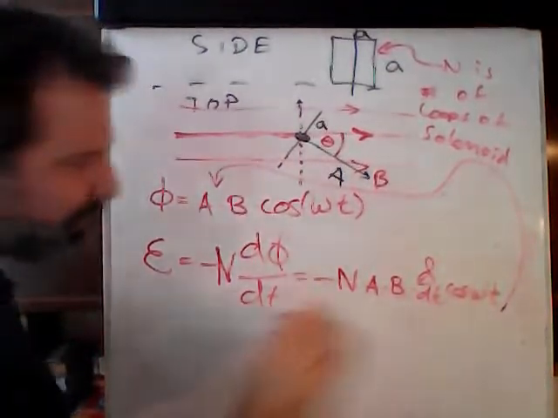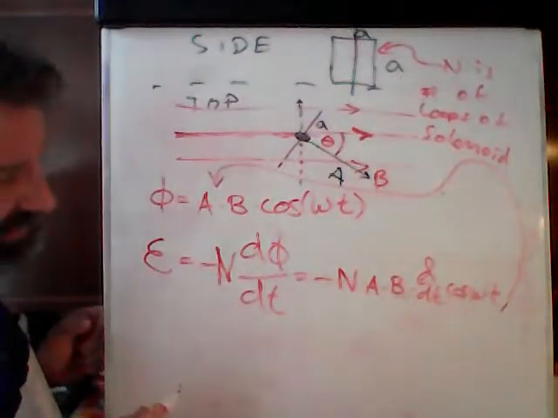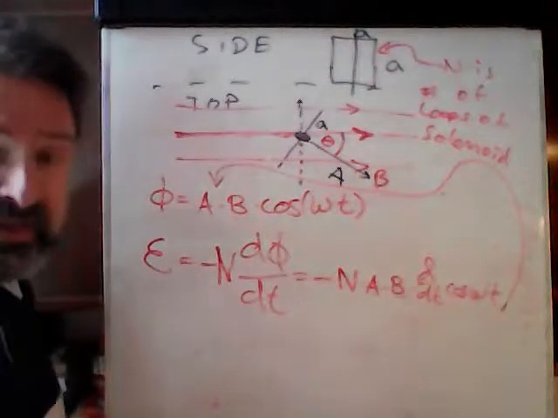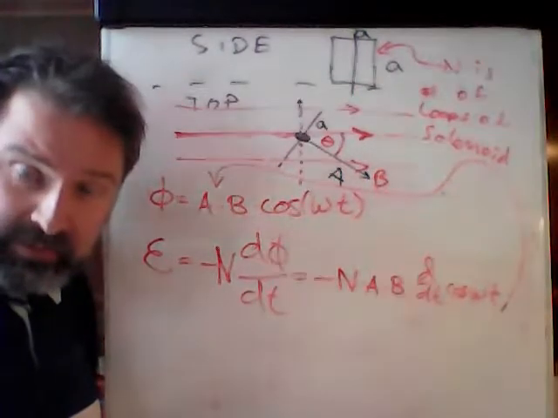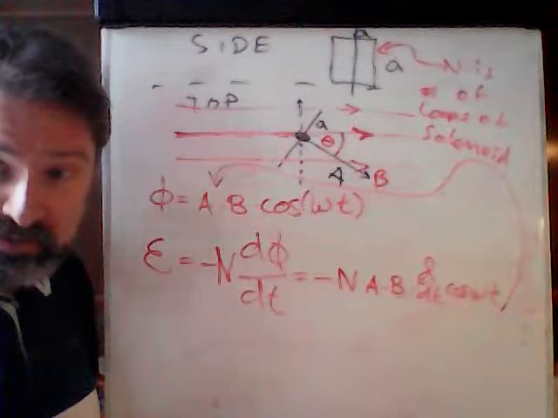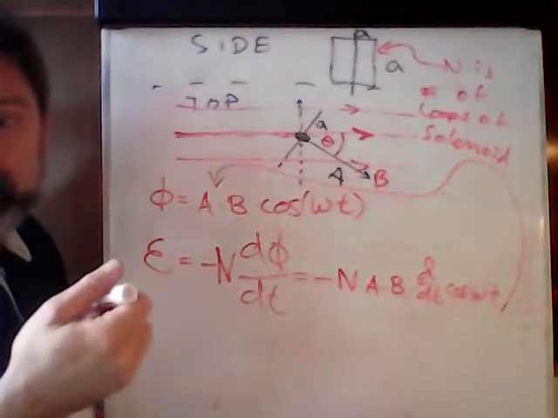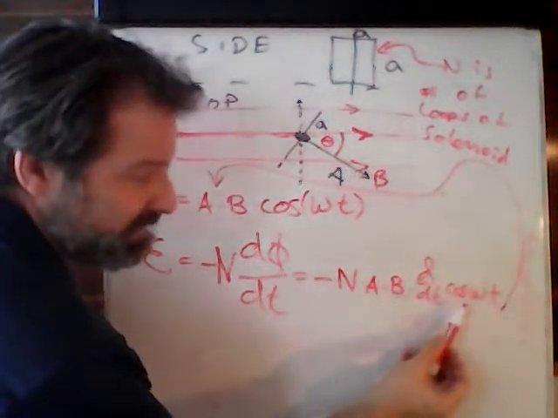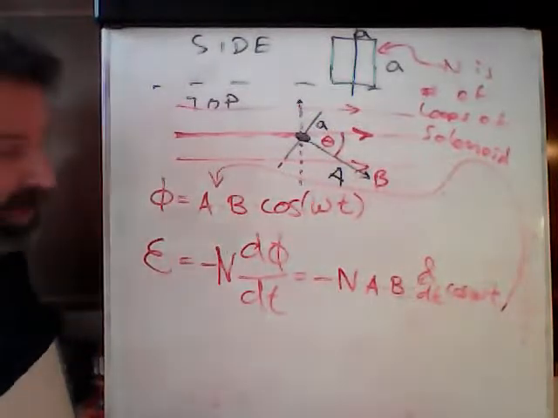Minus NAB dt cosine omega t. The derivative of cosine is minus sine, and you also have omega popping out.